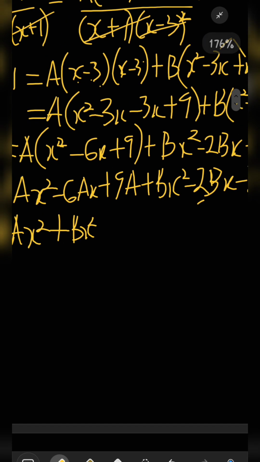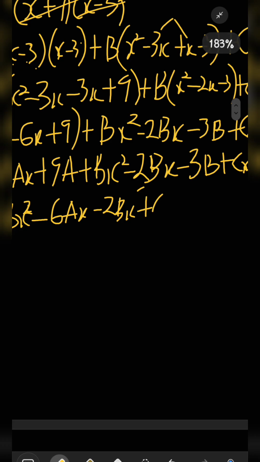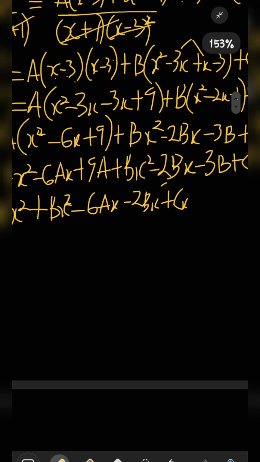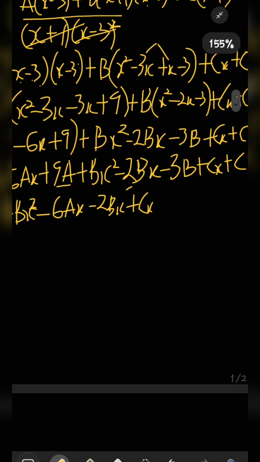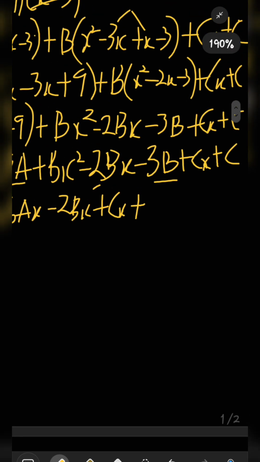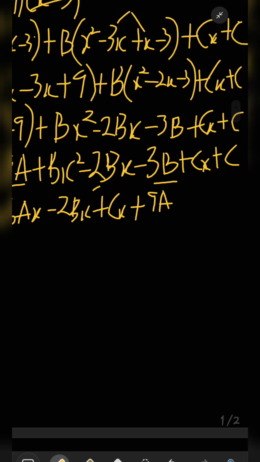So we have minus 6ax minus 2bx plus cx. Then for the ones without x, we have 9a minus 3b plus c.